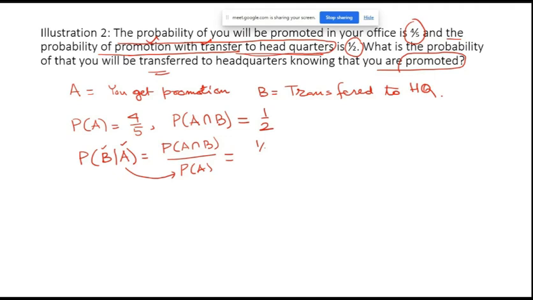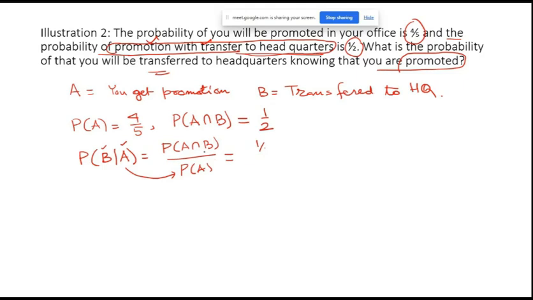When you read the line, you have to understand what information is given to you. Suppose by mistake someone takes probability of A equal to 4 by 5 and probability of B equal to half. Then the problem cannot be solved, or if you solve it, you will get a wrong result. This is the reason why we have considered A intersection B, because it is promotion with transfer. Is it clear? Yes, sir.